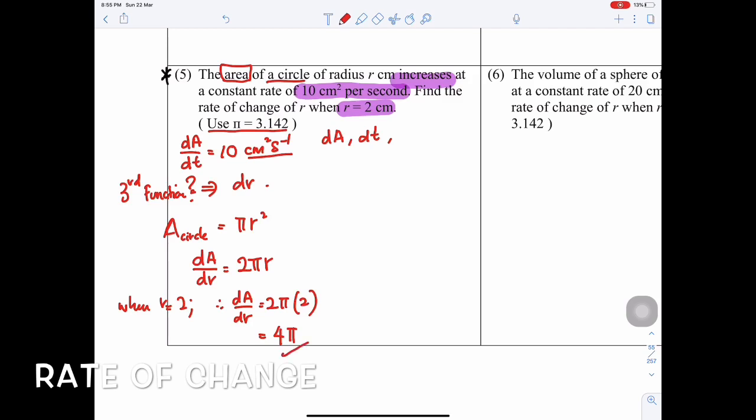After that, work out the rate of change: dA/dt equals dA above times dr, dt below. Again, left hand side equals right hand side.